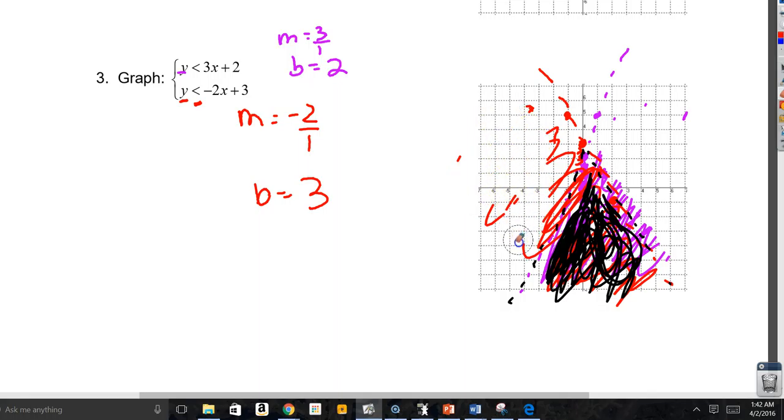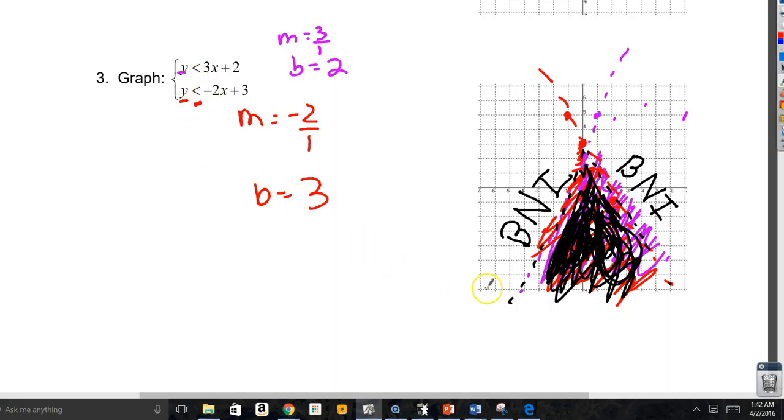Either way you want to leave it is fine. But we have to remember that we're going to say boundaries not included, because it's a dotted line. Any ordered pair that's in here would become a solution to this system, but not on the lines.